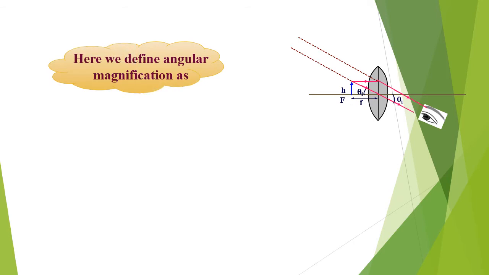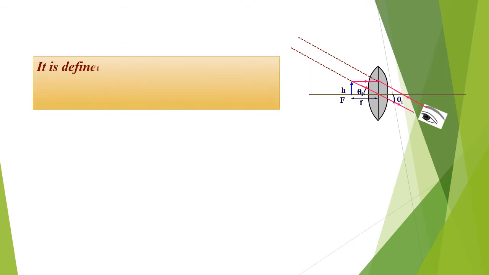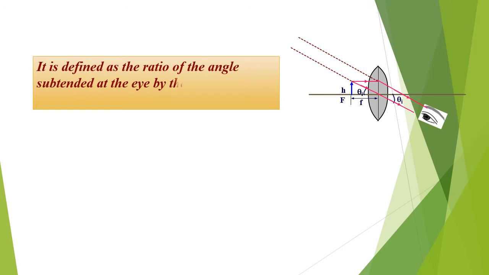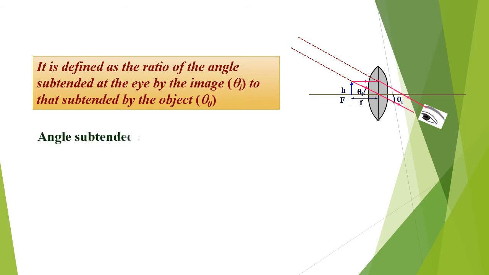Now we can define the angular magnification as the ratio of the angle subtended at the eye by the image to the angle subtended by the object at the eye. So for the angle subtended at the eye by the image, tan theta I is equal to, since it is paraxial, very close to the principal axis, it makes a smaller angle.